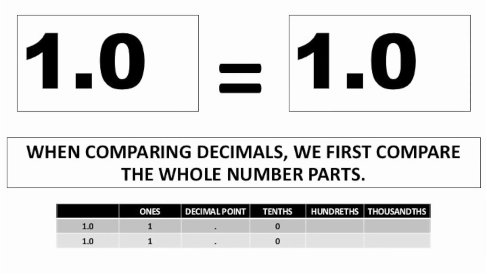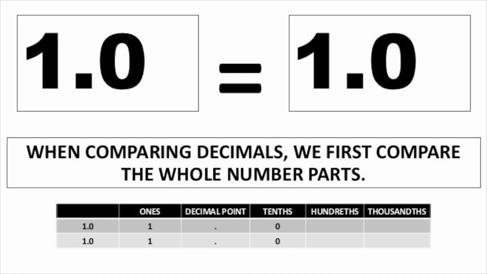When comparing decimals, we first compare the whole number parts. So what whole number can you see on this slide, guys? 1. We've got 1 here, and we've got 1 here.